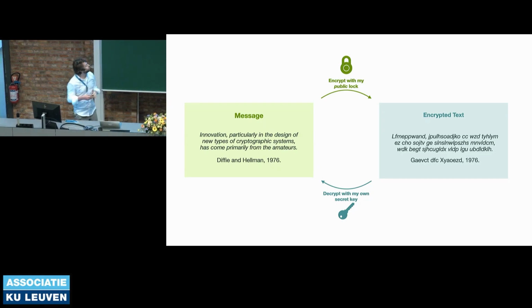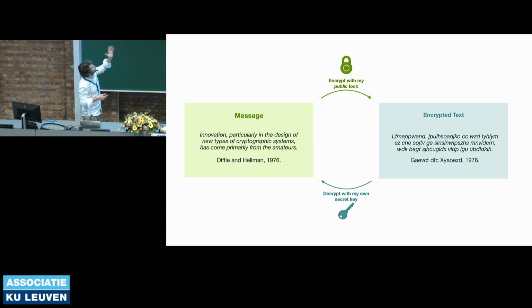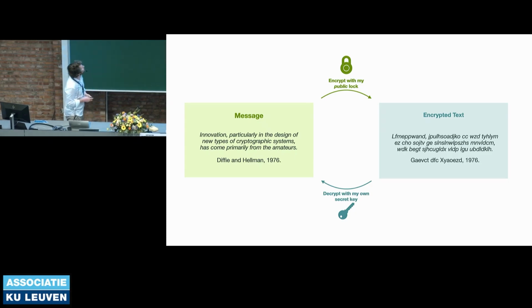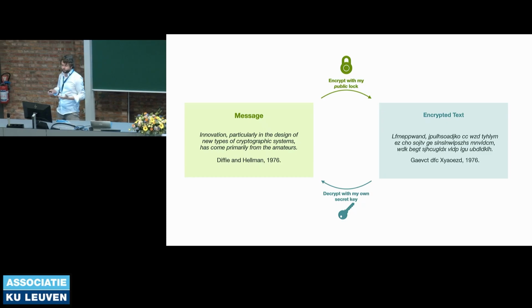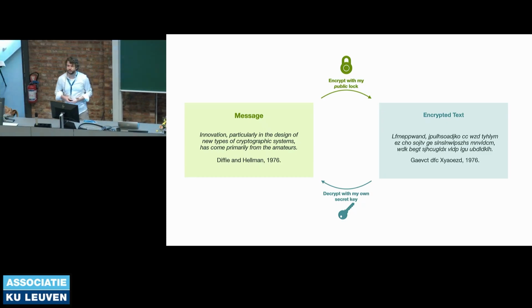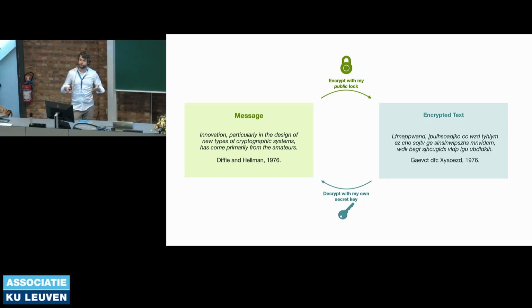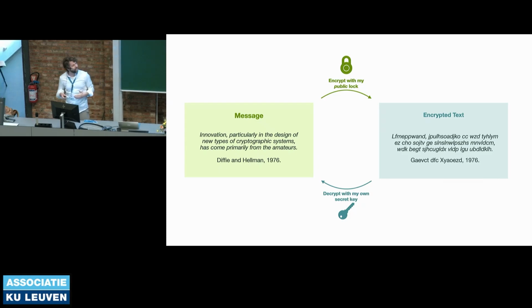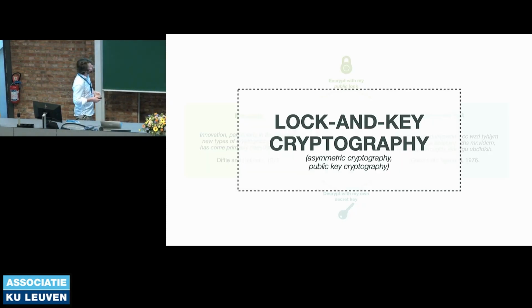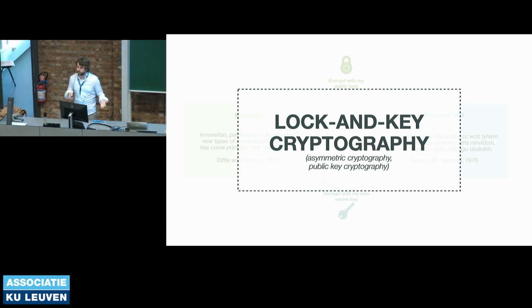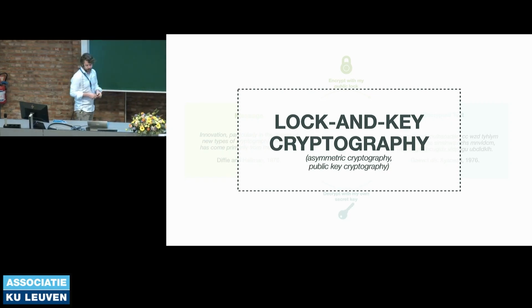And for some reason, well, the decryption, that would be a key, that makes sense. But this thing to encrypt it, they also called it a key, a public key, which makes it feel like a bit secret or so, and it doesn't really act like a key at all. It's more like a lock. So what they should have called it was lock and key cryptography or something, but they called it asymmetric cryptography or public key cryptography, and that's what we'll be talking about today.